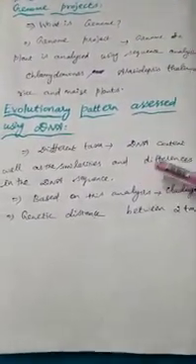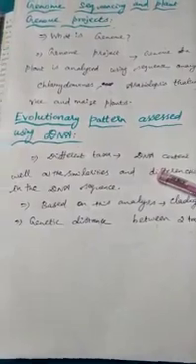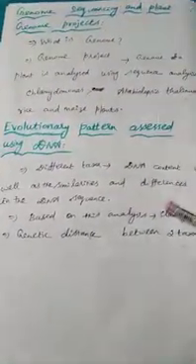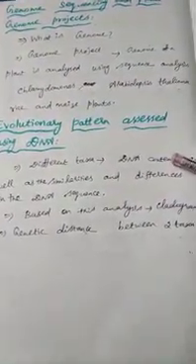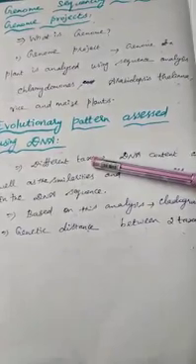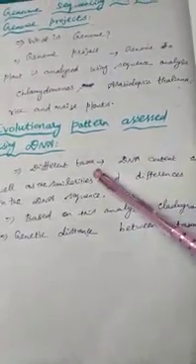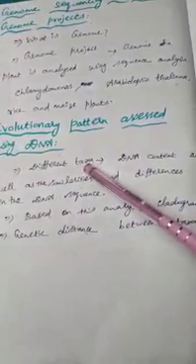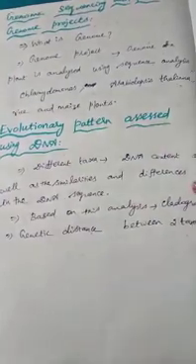The next one is the evolutionary pattern assessed using DNA. Here the evolutionary relationship between different plant taxa is assessed by using the DNA content. The DNA content of two different taxa is analyzed for both similarities and differences of the DNA sequences.